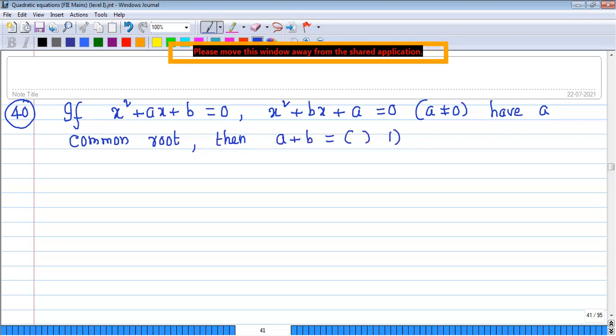First option 3, second option 2, third option 1, fourth option minus 1.